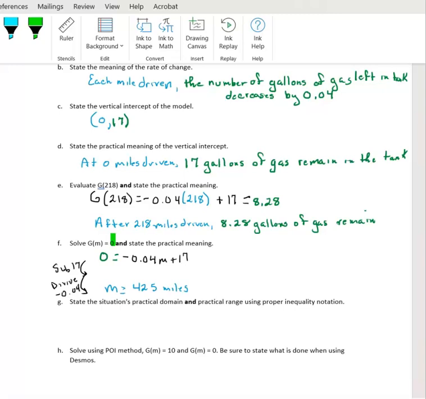Okay, so its practical meaning would be, after driving 425 miles, 0 gallons of gas remain, or you can say the tank is empty.